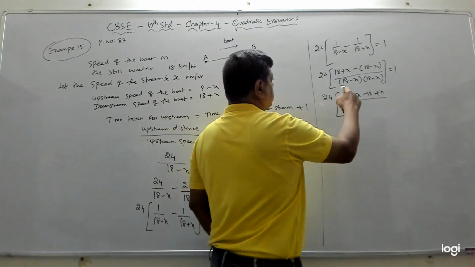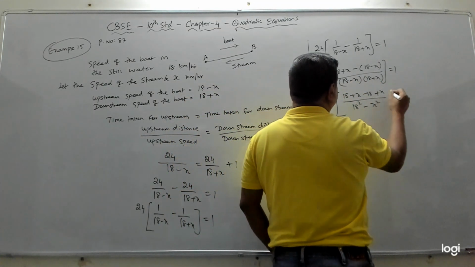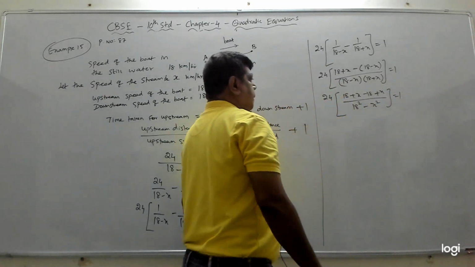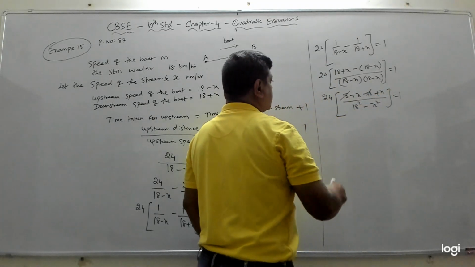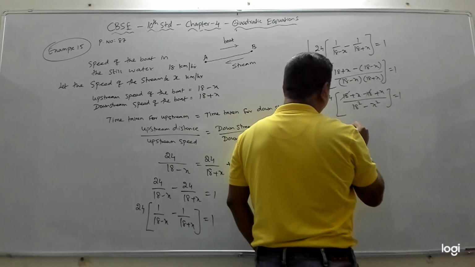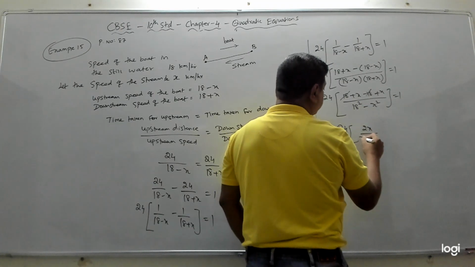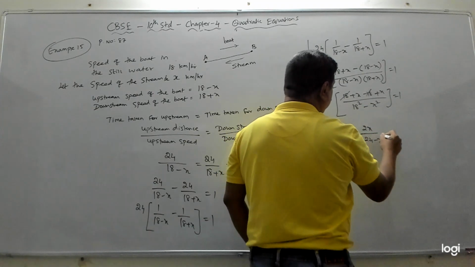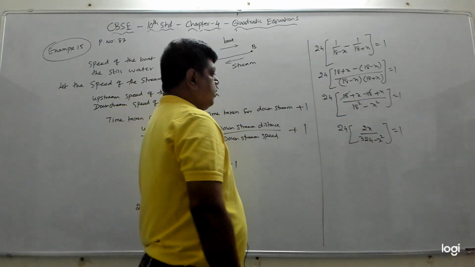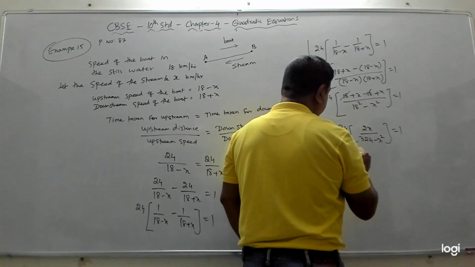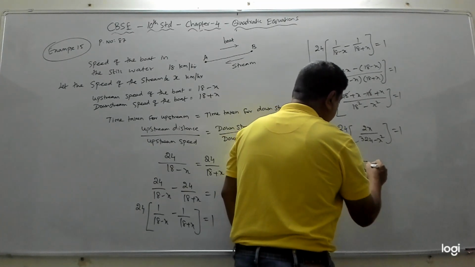So what is this? A plus b into a minus b is a square minus b square, equal to 1. Right? Now here 18 will get cancelled, and x plus x is 2x. So 24 into 2x by 18 square, which is 324, minus x square equal to 1. So 24 into 2x is 48x by 324 minus x square equal to 1.